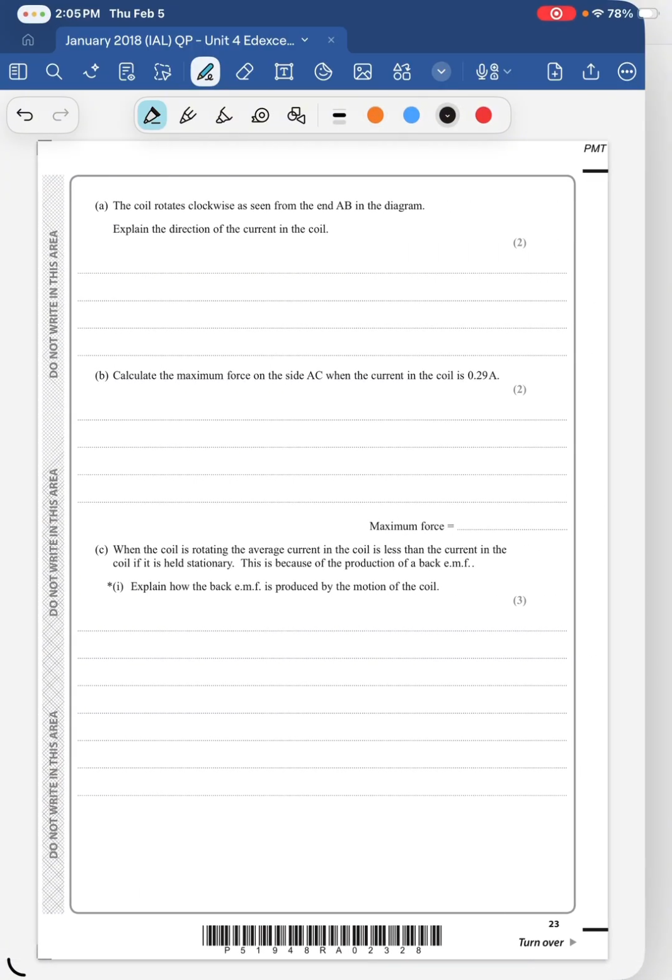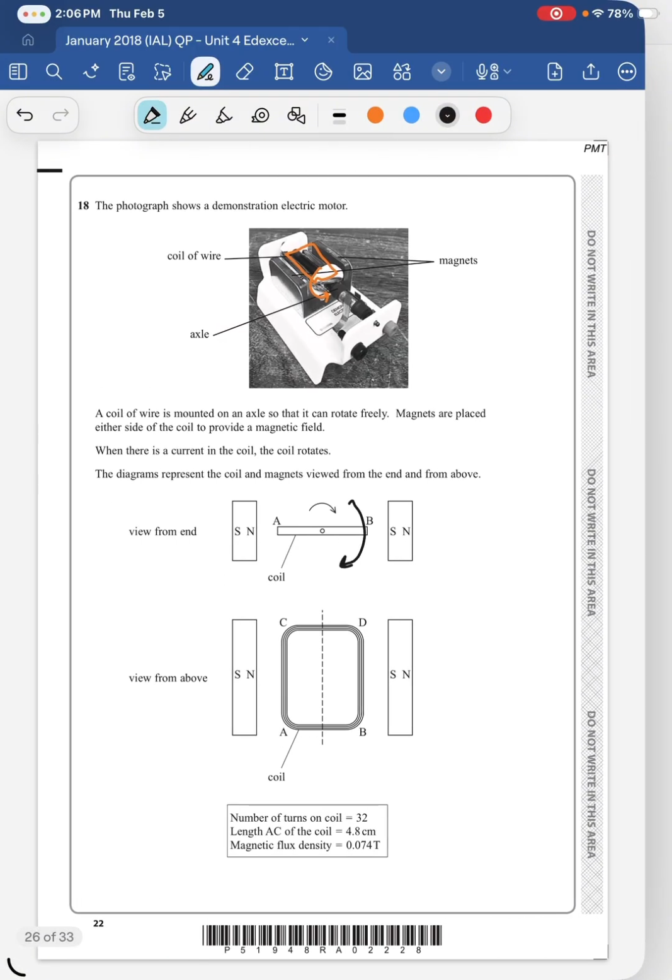So A, the coil rotates clockwise as seen from the end, AB, in the diagram. Explain the direction of the current in the coil. So this is what they mean. Clockwise means that the current flows this way.